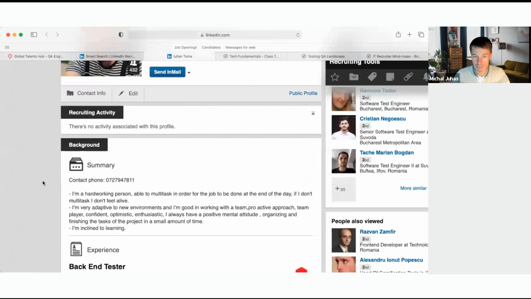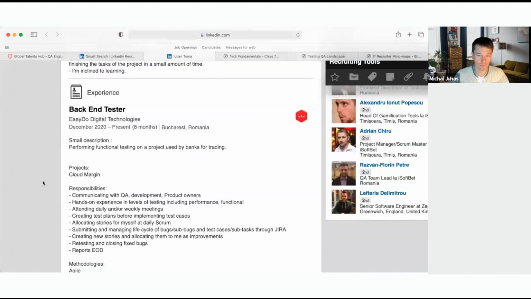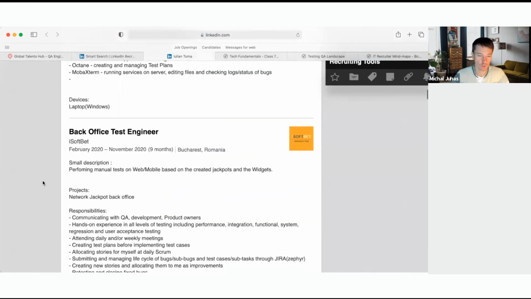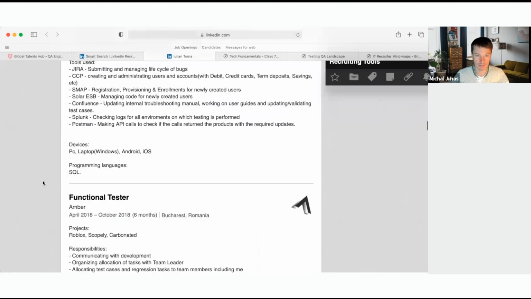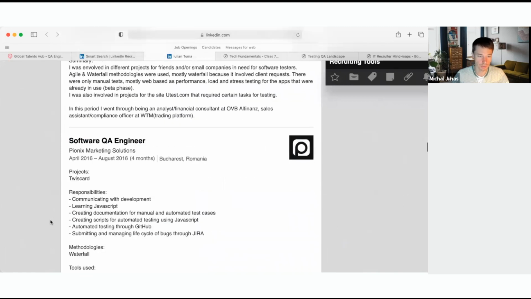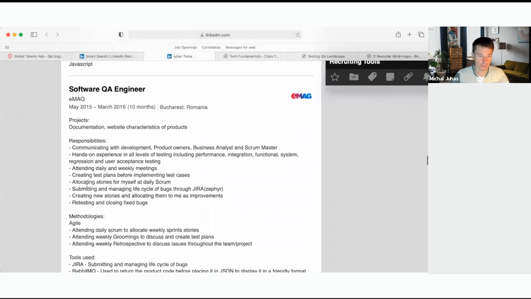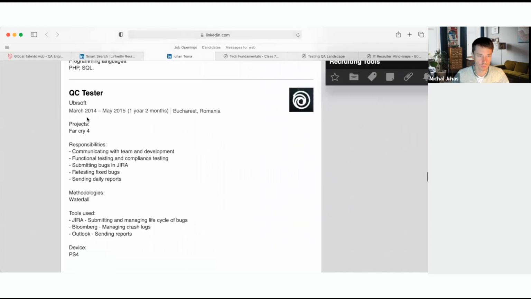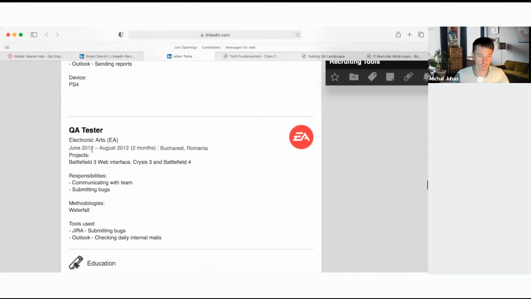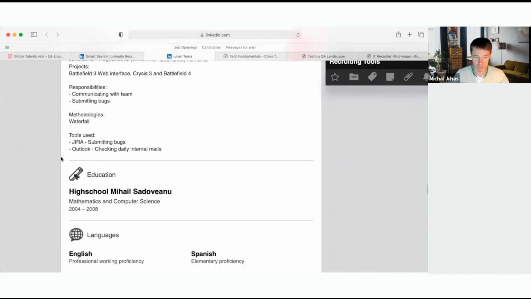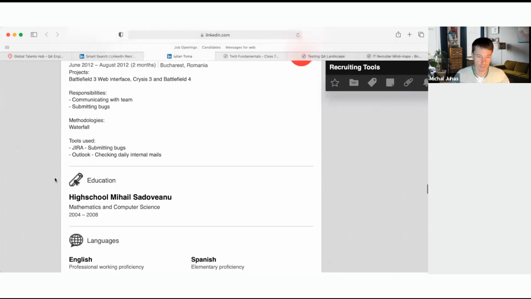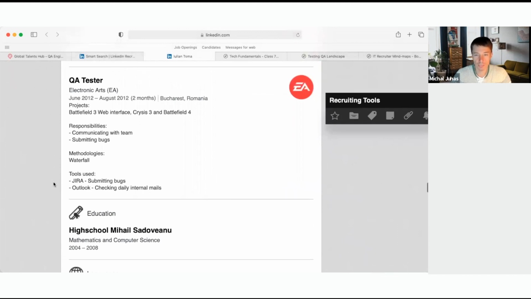He has a very interesting profile for a QA engineer, 5-7 years, even more actually, because he started in 2012 at Electronic Arts, so 9 years of experience. That's really cool. So that's quite impressive, right?